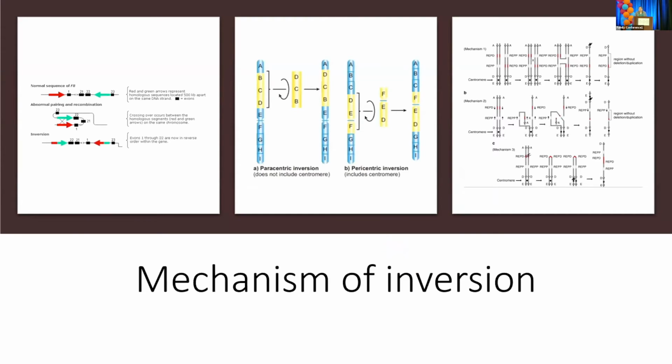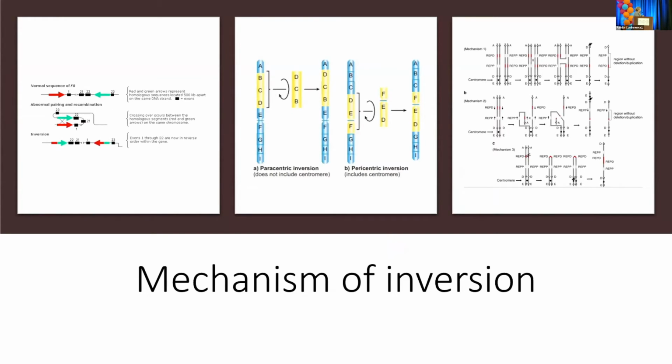So, inversion, and the reason I'm mentioning this is that it is very relevant to chromosome 8p. This is a similar mechanism, but in one copy, you can have overlap of the homologous regions within the same copy, so within the same allele or copy that's either from mom or dad. And when the crossing over occurs, you get a break.